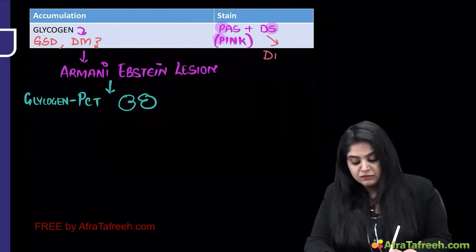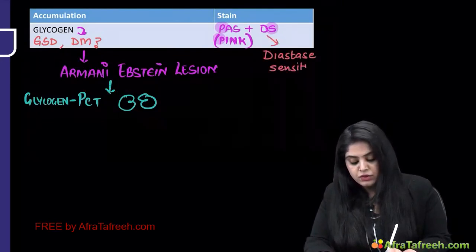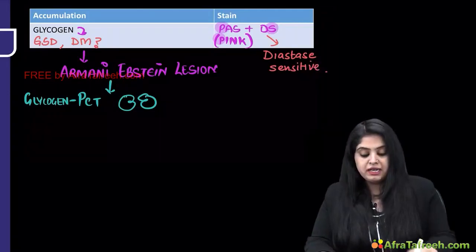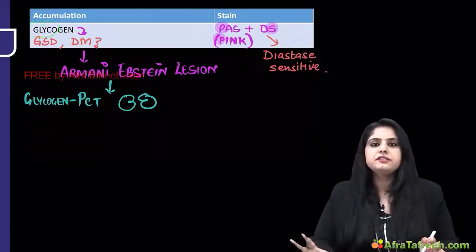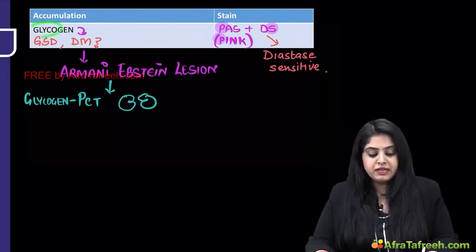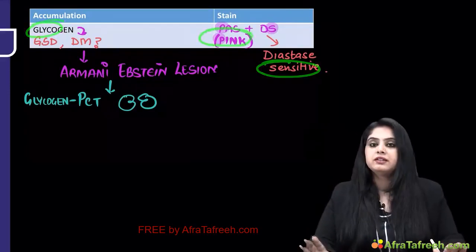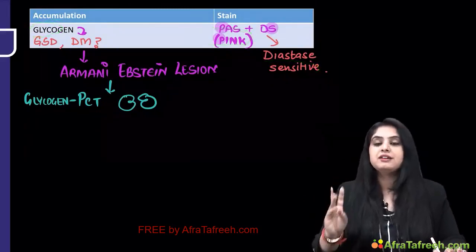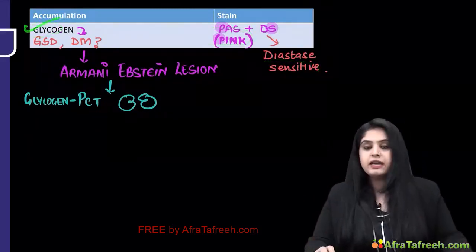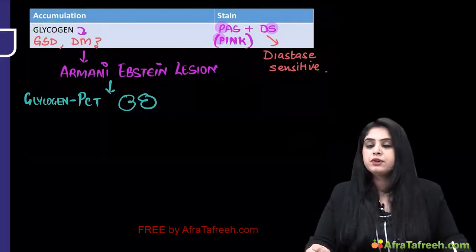Please remember, PAS positive, diastase sensitive is what you are going to pick out over here. So remember, glycogen for girls, they will ask you diastase resistant or diastase sensitive. You'll say glycogen is diastase sensitive. Girls are more sensitive and girls like pink color. So remember pink and sensitive. PAS and diastase sensitive for glycogen. Sorted.